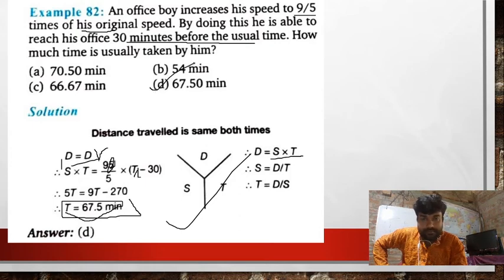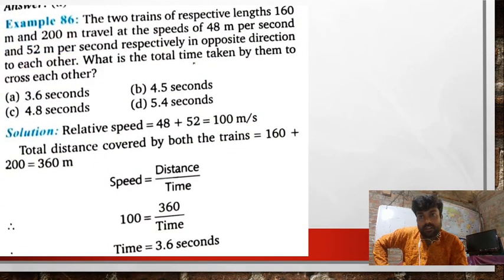Okay, another example. Two trains of respective lengths 160 meters and 200 meters travel. Here is the train and here is the train.